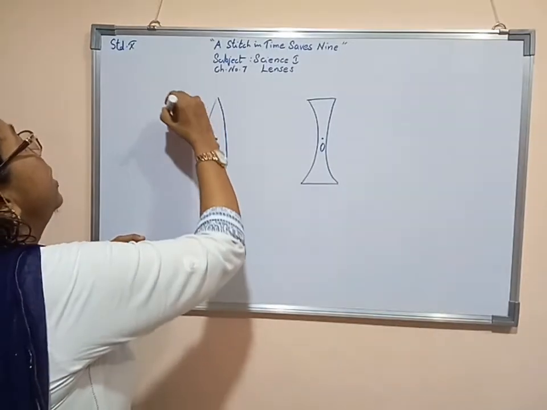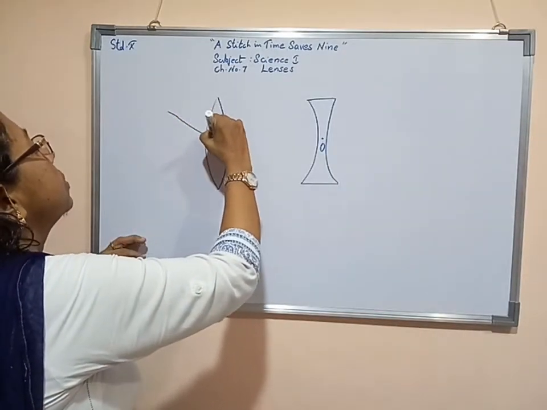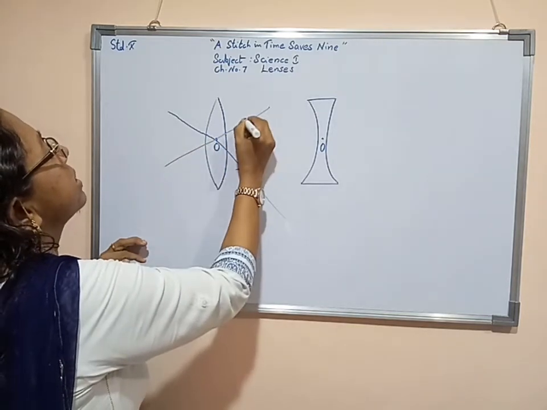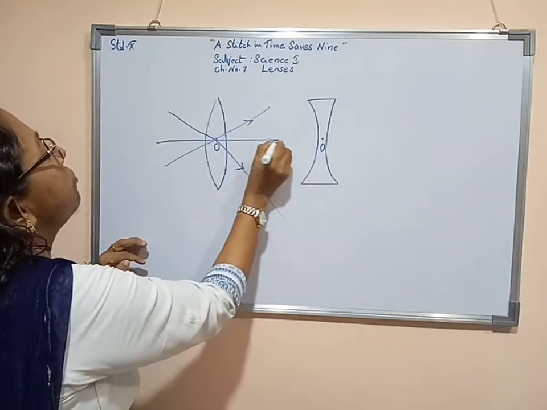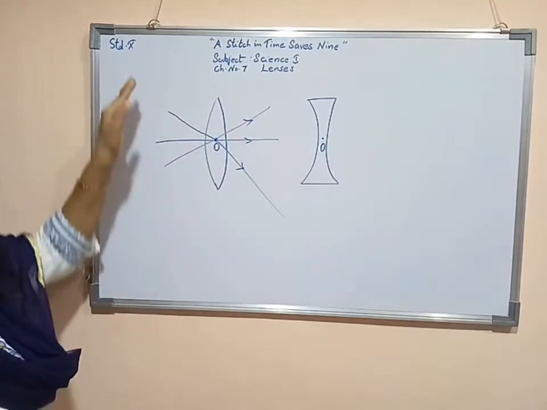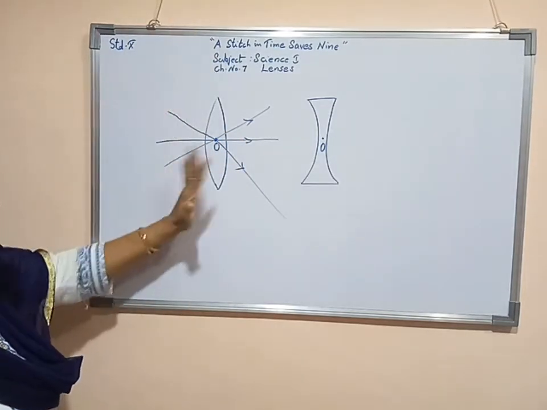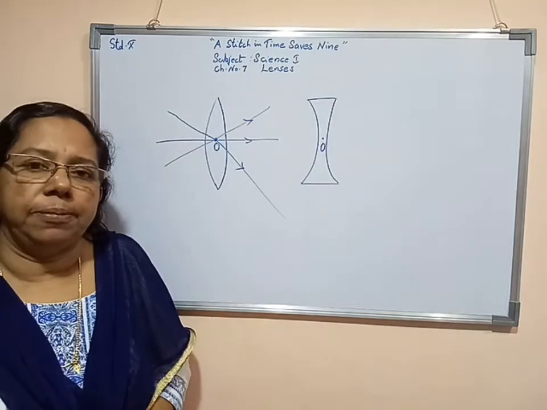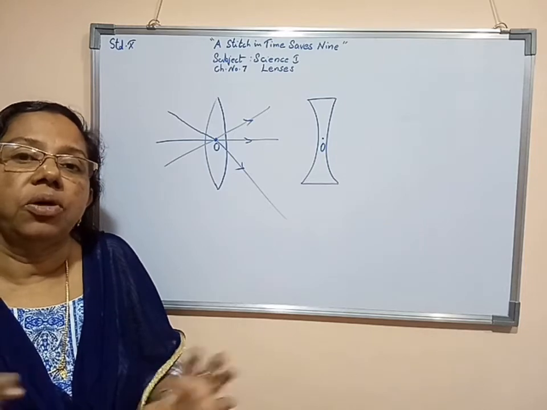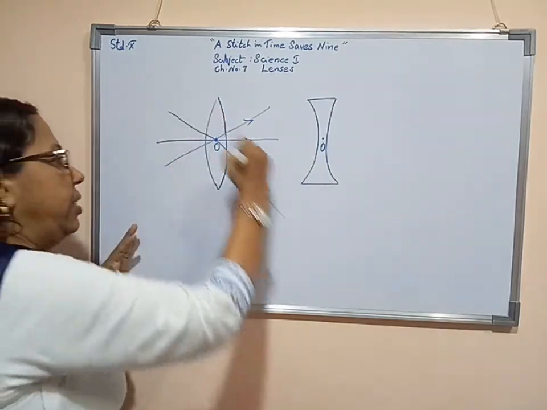If a ray of light passes through the optical center, in any direction, it passes through it without any deviation. There won't be any kind of obstacle, it will pass straight.